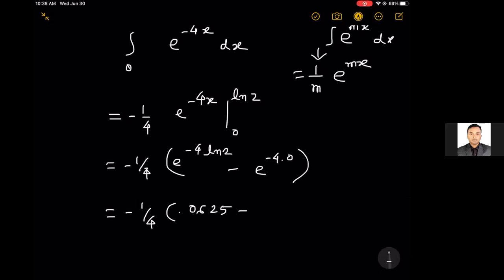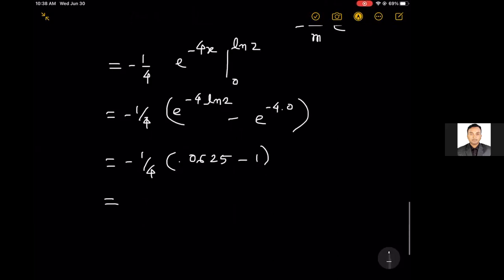And what's e to the 0? 1, right? We know e to the 0 is 1. So if we find the value, finally it would be 0.2343, or I think I can write 44. This would be the answer. I'm just doing algebra, nothing else.